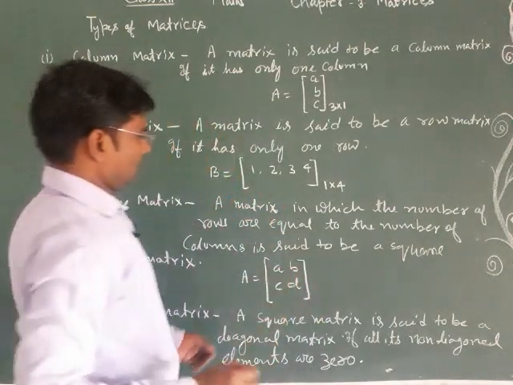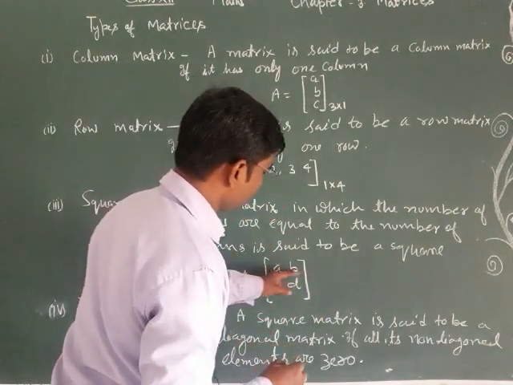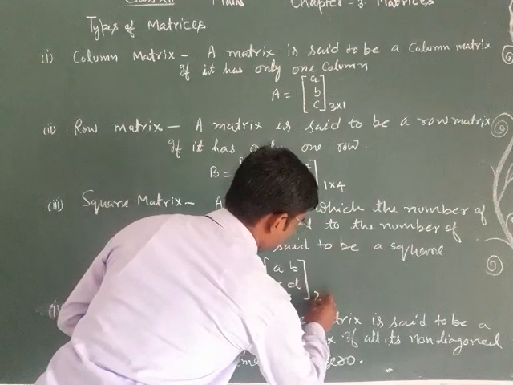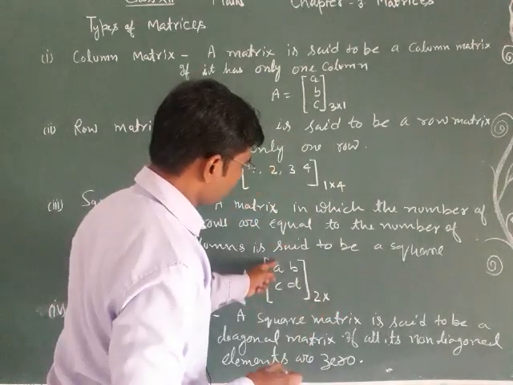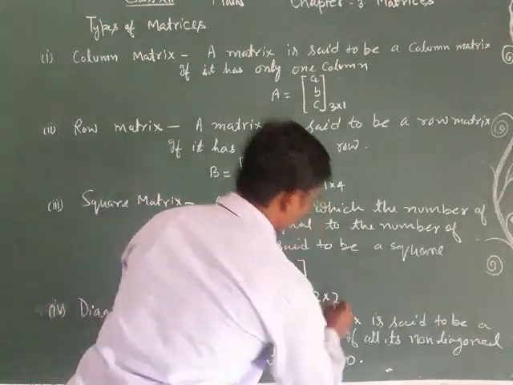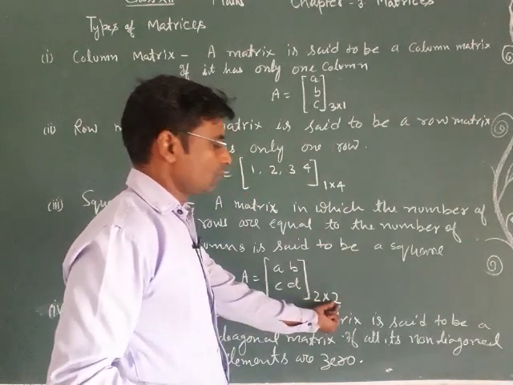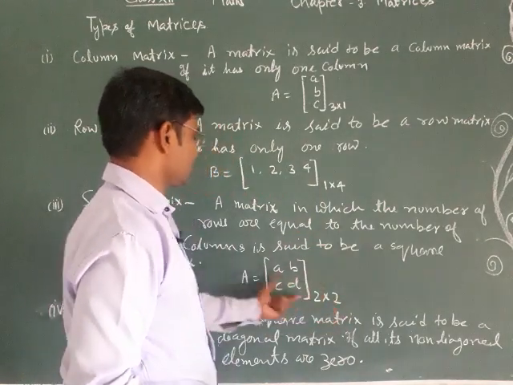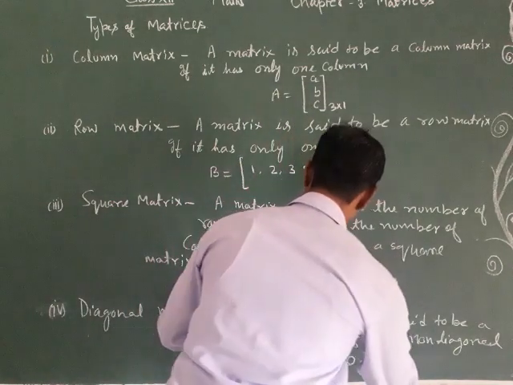The number of rows is 2 and the number of columns is 2, so this is a square matrix.